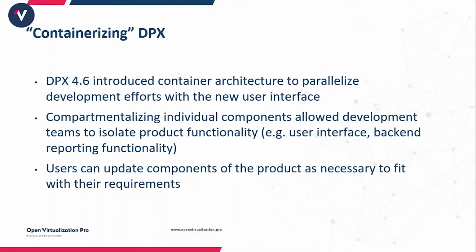And with the advent of containers, we realized that we could compartmentalize the individual components that allowed our development teams to isolate product functionality. So this is how we're actually spinning up a new user interface.